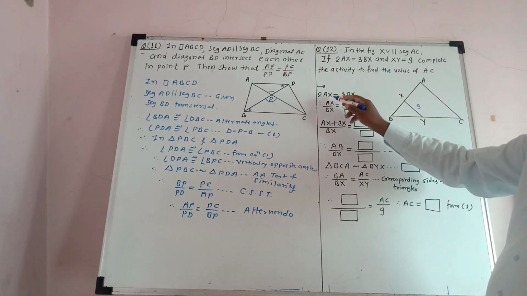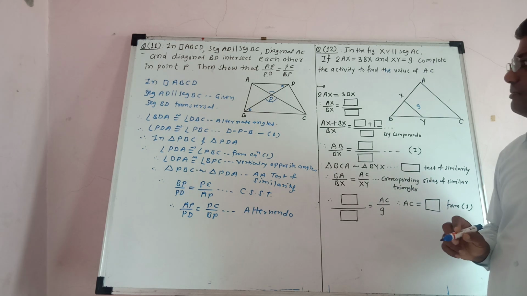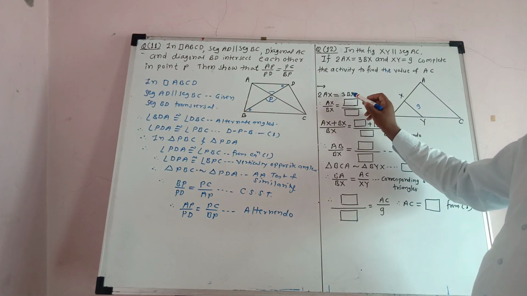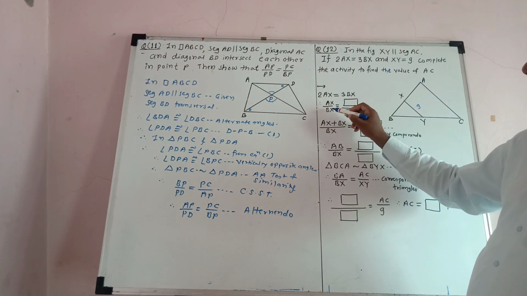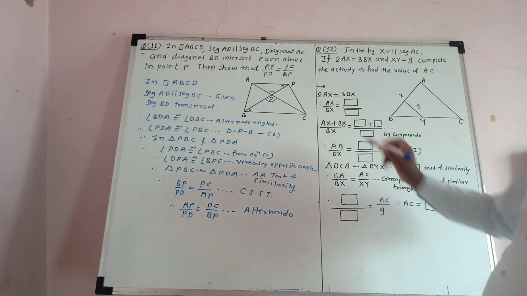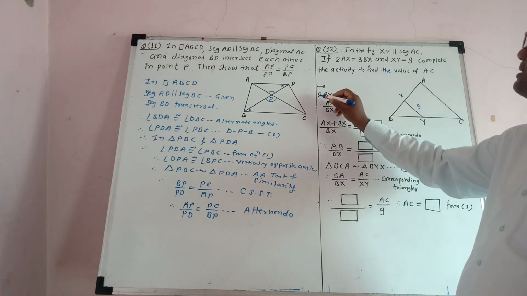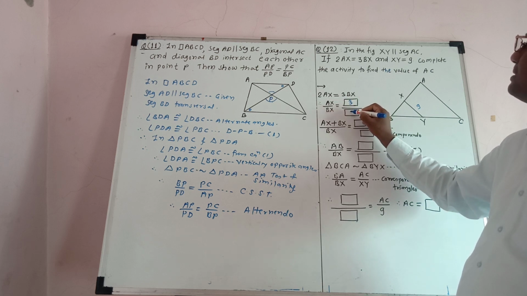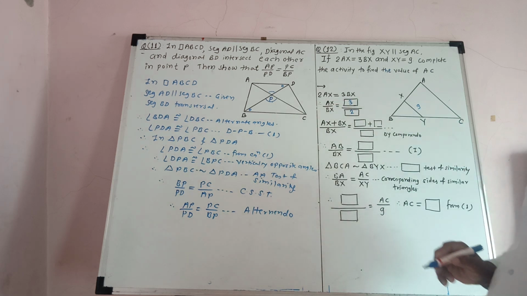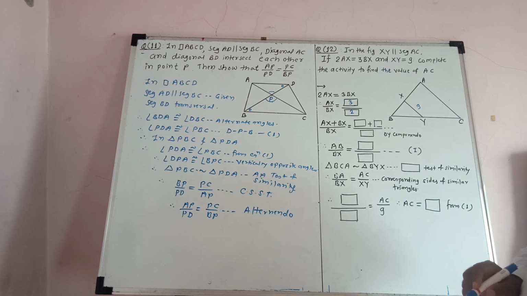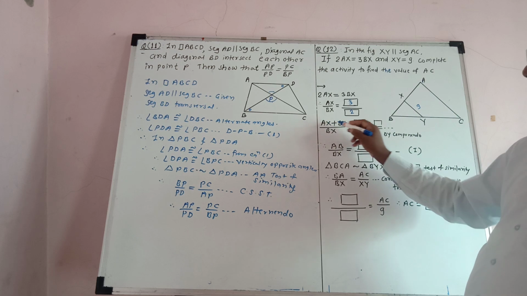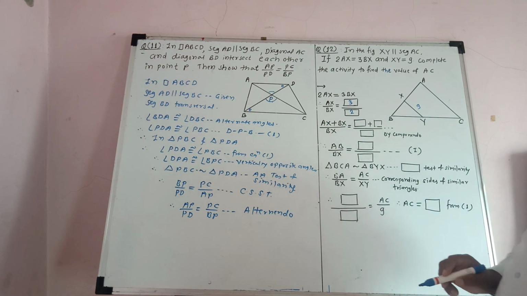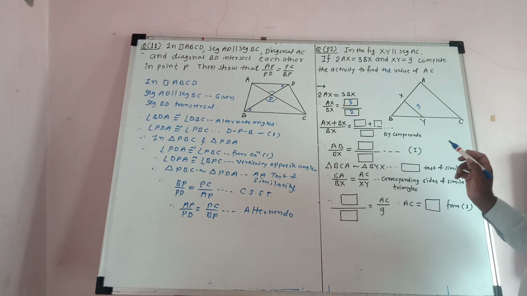Now here 2AX is equal to 3BX. Therefore AX upon BX, with BX in the denominator, we can write 3 upon 2. AX upon BX is equal to 3 upon 2. Now AX plus BX upon BX. This is called componendo.